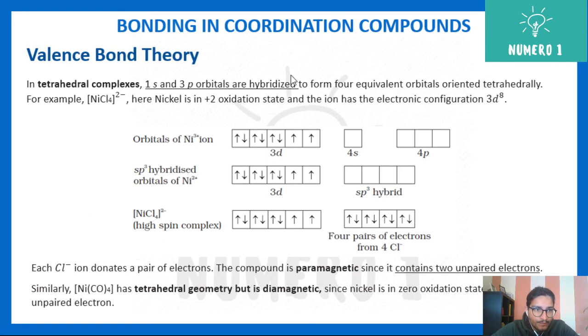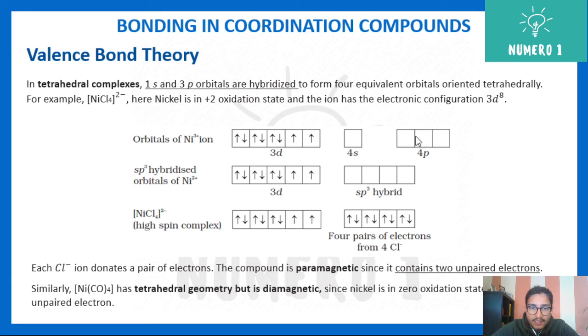Next, tetrahedral complexes. Tetrahedral geometry is sp3. One s orbital and three p orbitals should be involved in hybridization. If I talk about NiCl4 2 minus, here nickel is in the +2 oxidation state. This should again be +2.